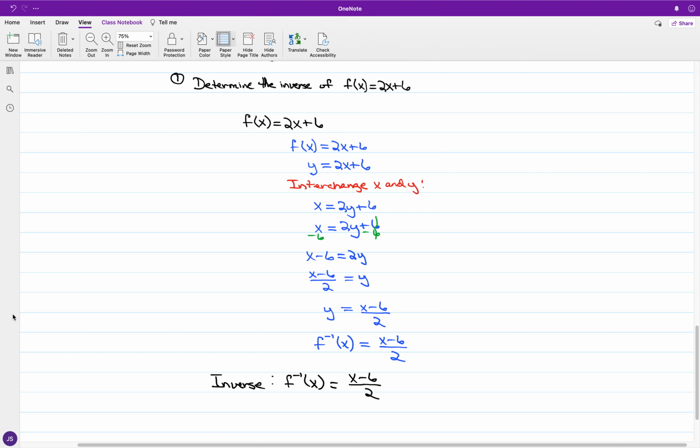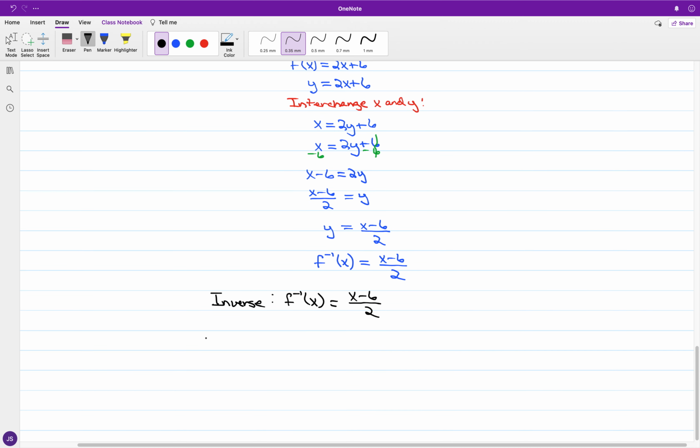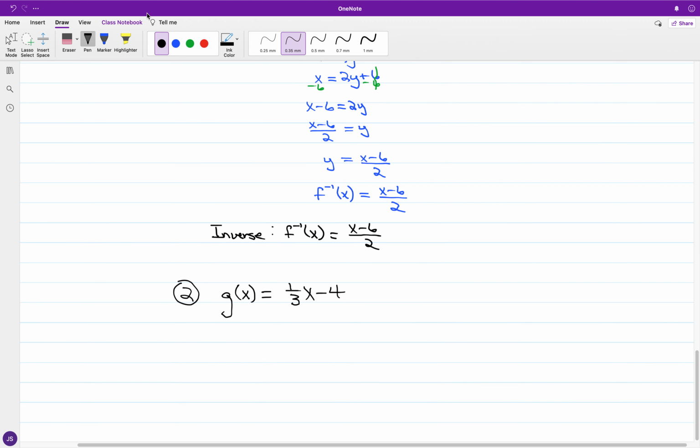Just getting things set up here. So g of x, we have 1/3 of x minus 4.